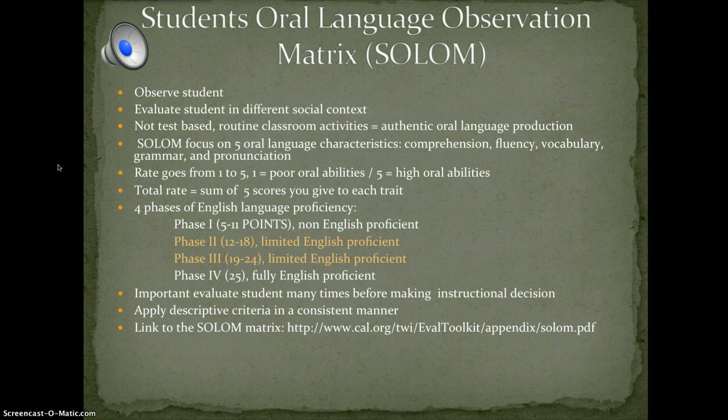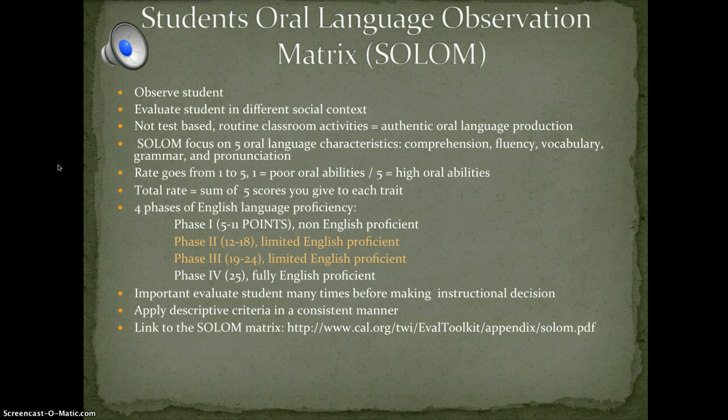Even though the act of rating a student can be subjective and requires a lot of linguistic sensitivity, the authors believe that teachers can develop this sensitivity by guided experience in language observation and analysis. Therefore, when rating students, teachers may rate the same student differently. Consequently, it is important to evaluate a student many times before making any instructional decision.